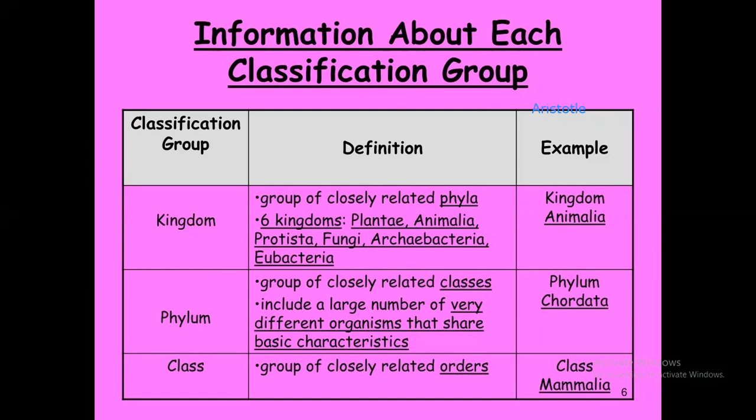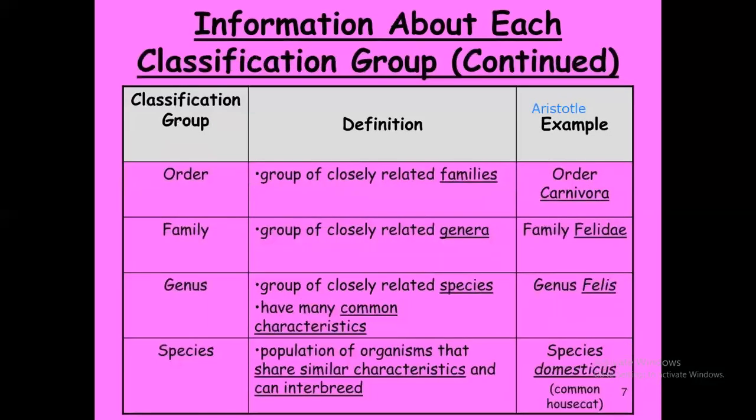Next one is the class, which is a group of closely related orders. For example, we can talk about class Mammalia, to which we belong. Next comes order, which is a group of closely related families.